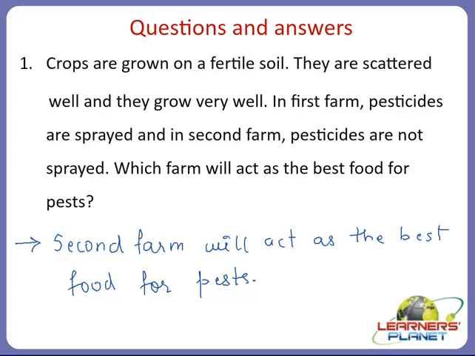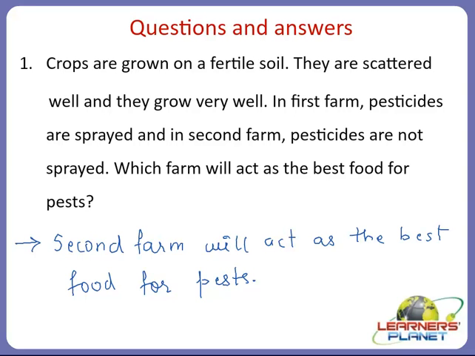Because pesticides are such chemicals in which there are some substances which will kill the pests, and if they kill the pests, then our crops will be in a very healthy condition because they are not attacked by the pests. So children, what will actually happen? Our crops will be in a protected condition, right? We can protect the crops from getting damaged by the pests by spraying pesticides, right?